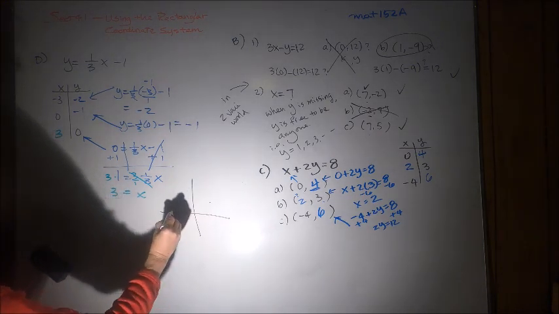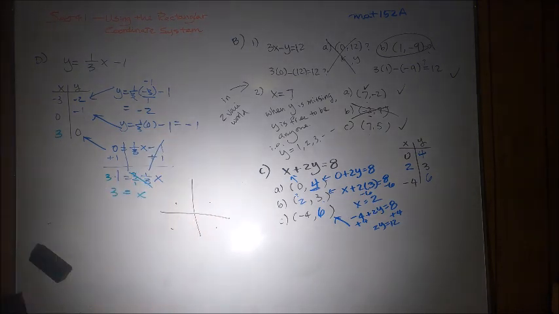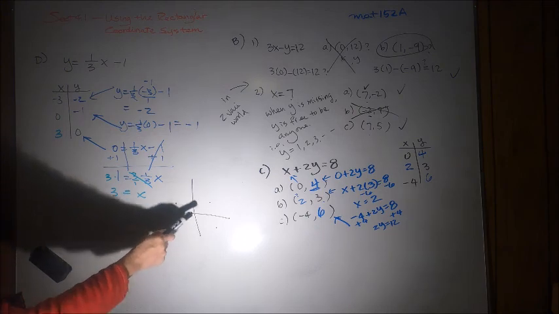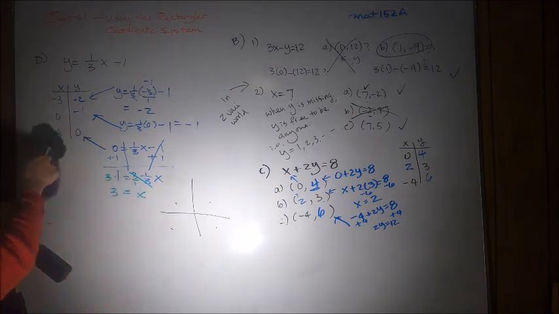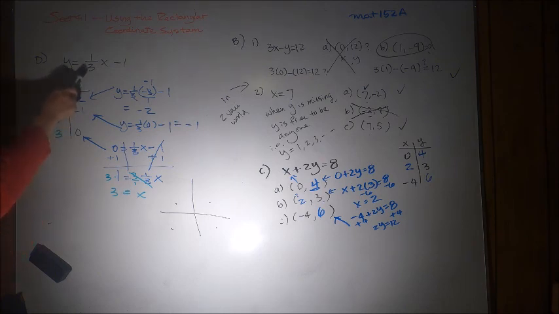Your 4 quadrants and x and y's. And use those ordered pairs to show what kind of points will satisfy your equations, right? So that will be your section 4.1.